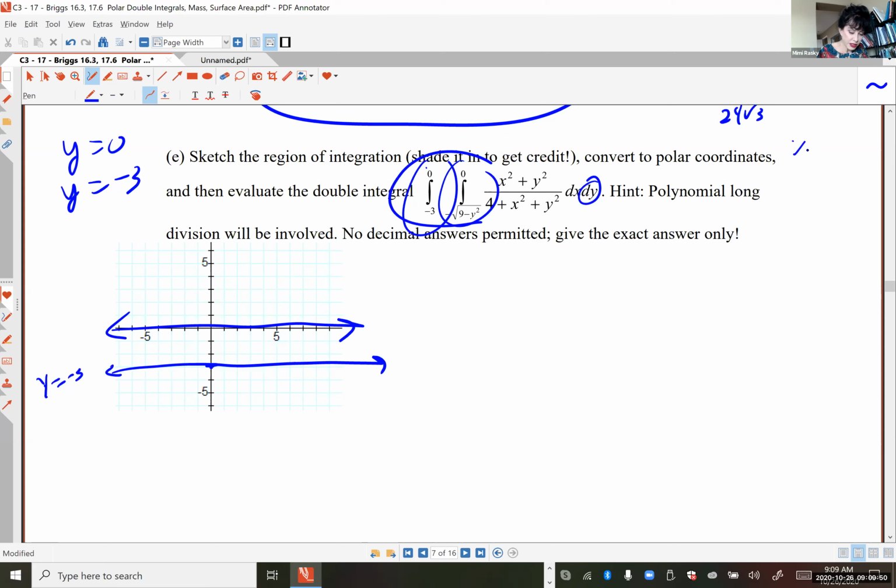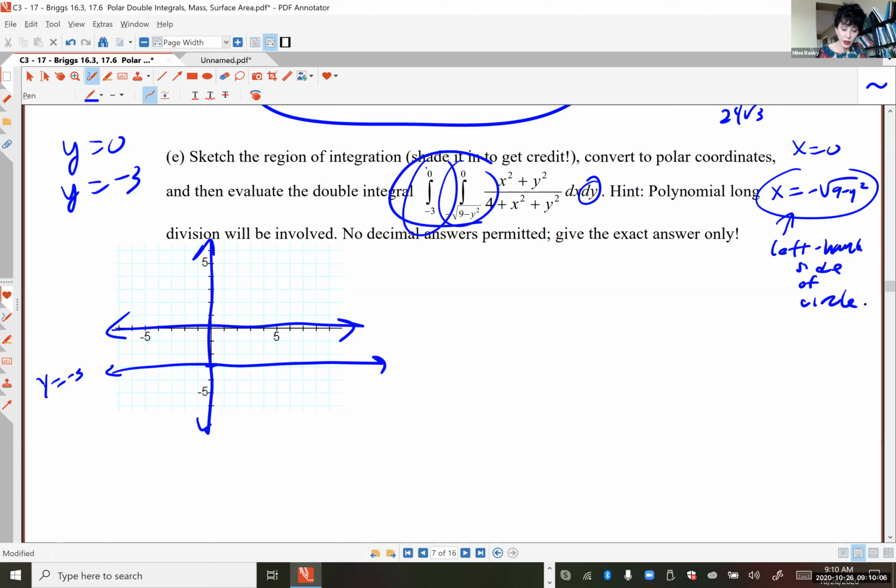The innermost variable is x, and so we're going to have these two equations to graph. You've got to be careful. X equals 0 is the y-axis, but this is the left-hand side of a circle of radius 3 centered at the origin. If I square both sides and rearrange this equation, I would get x squared plus y squared equals 9.